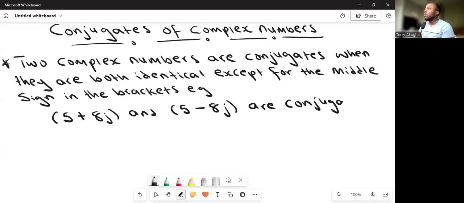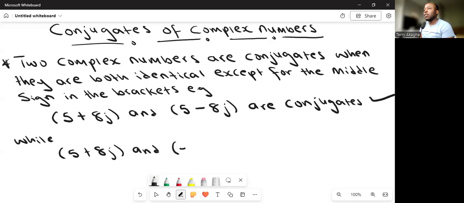While if you have 5 plus 8j and minus 5 minus 8j, these are not conjugates.